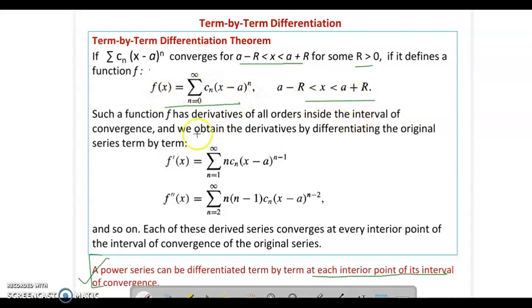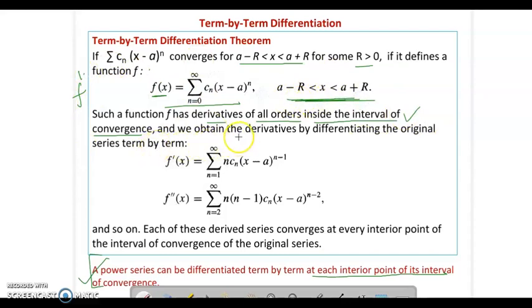Then such a function f has derivatives of all orders inside the interval of convergence. It means you will be able to define the first derivative, the second derivative, the third derivative, inside its interval of convergence, that is, for all values of x lying here.